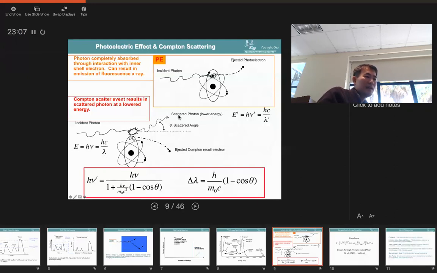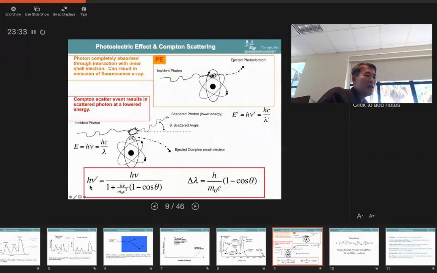Now, as I said, the scattered photon from this elastic collision has lower energy, but the lower energy still has a frequency and a wavelength. We just put a prime because this prime indicates that this is from the scattered photon. So this frequency should be smaller than the original frequency, and this wavelength should be larger than the original wavelength.